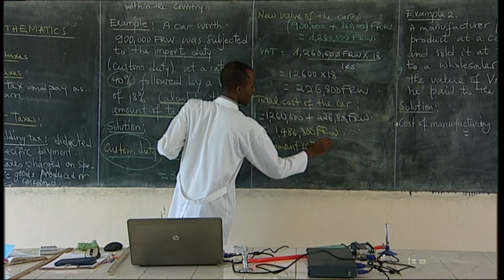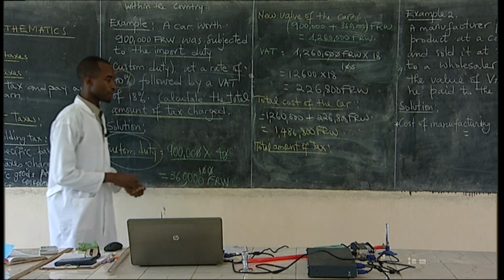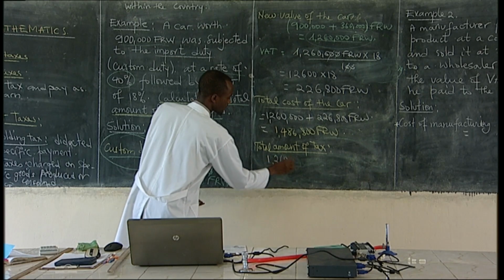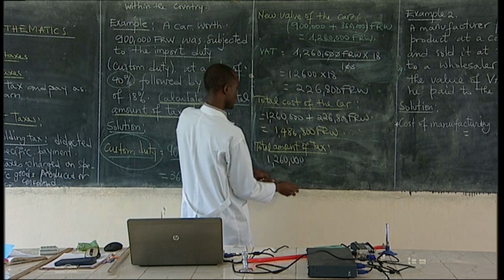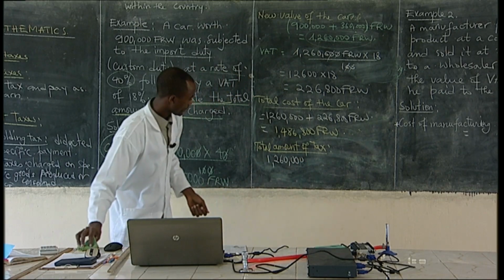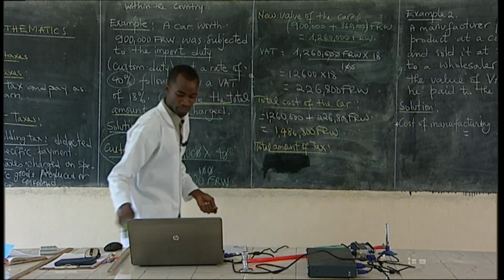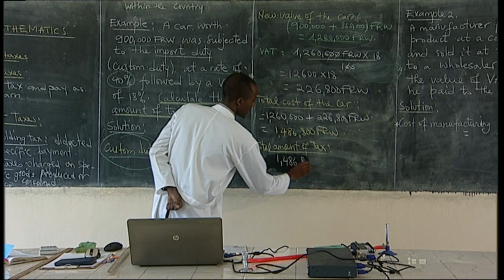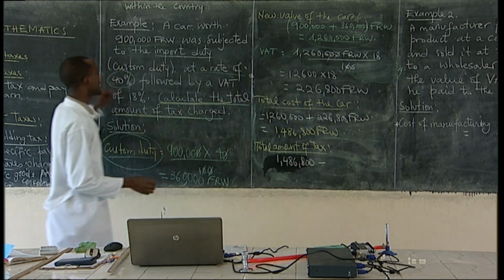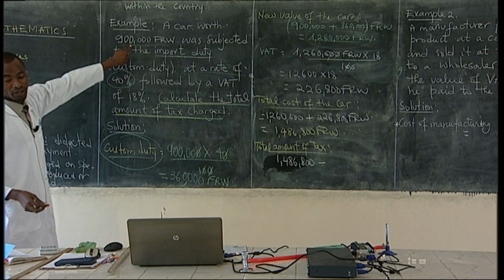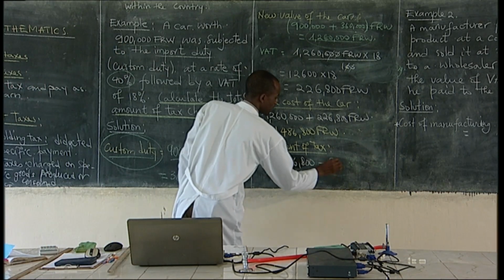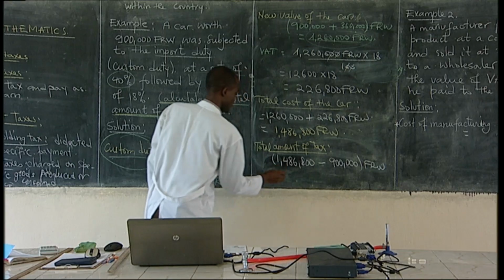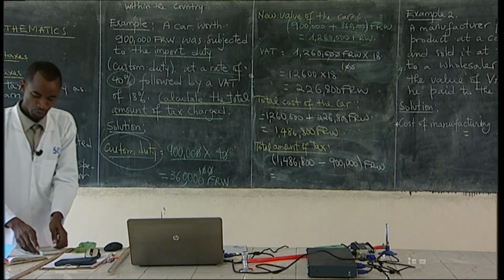You have to take the total cost of the car, which is 1,486,800, and you take away the money that was for the car at the beginning, that is 900,000 Rwanda francs.